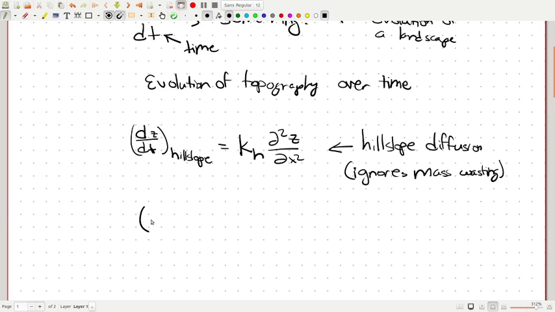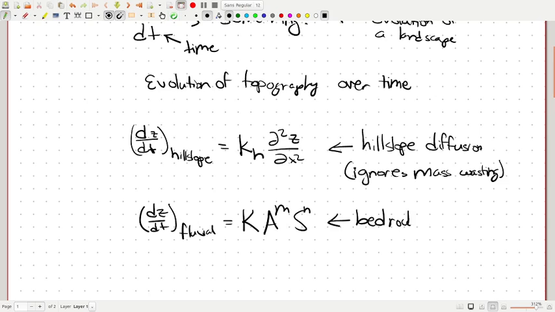Next we have dz over dt of the fluvial system. And this is going to be related, in this case, to bedrock erosion. I'll list that at the right. This is going to be equal to this k term, big K, A to the m, S to the n. And this is all from bedrock erosion, or incision.